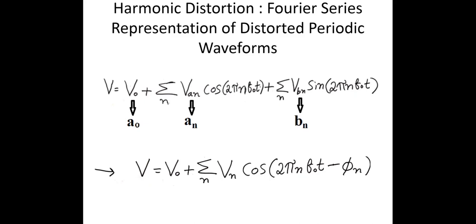Furthermore, we can combine the cos and sine terms as shown in the second equation on this slide, where V will be equal to V naught plus sum of Vn cos of 2 pi n f naught t minus phi n, where phi n will be the phase of the nth harmonic component.